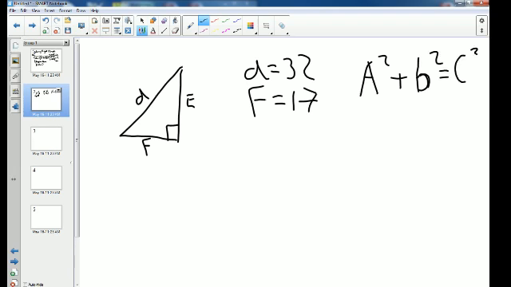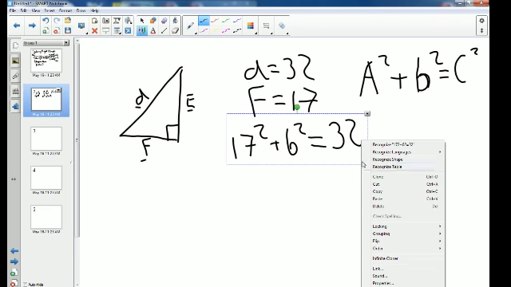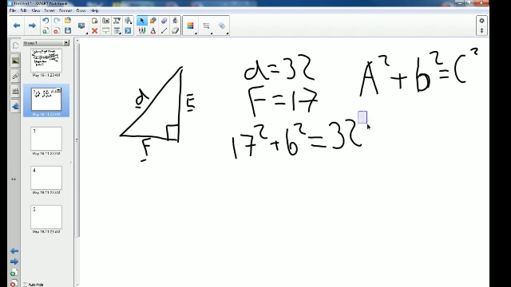So a and b can be either E or F, and then c is always the hypotenuse, which is the longest side. So we'll do 17 squared plus b squared, or E squared, equals 32 squared.